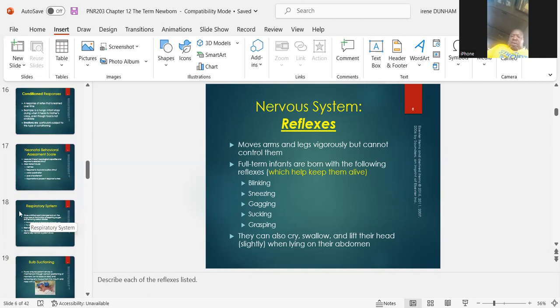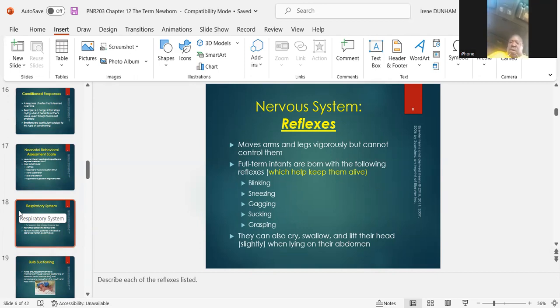Okay, got it? Now, you're probably thinking, how does that keep them alive? Well, blinking is for their eyes, to make sure nothing gets in their eyes. Sneezing makes sure they have an airway, so whatever fluid is up there, they can sneeze it out.